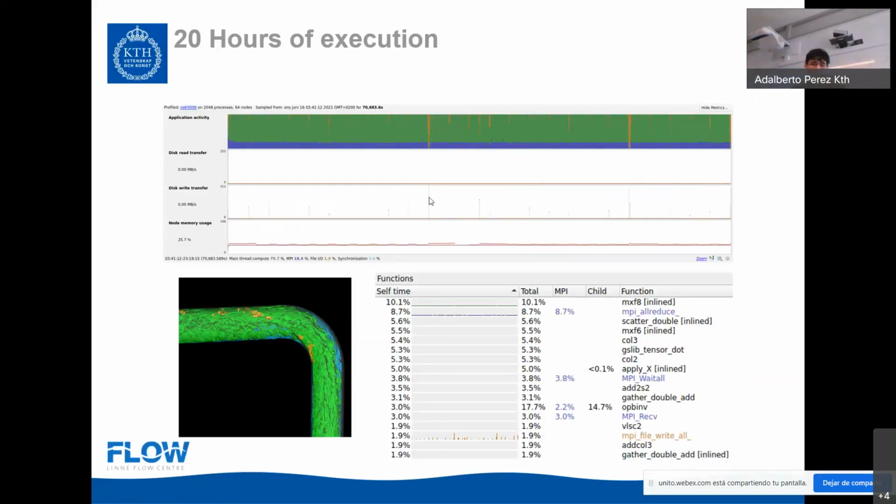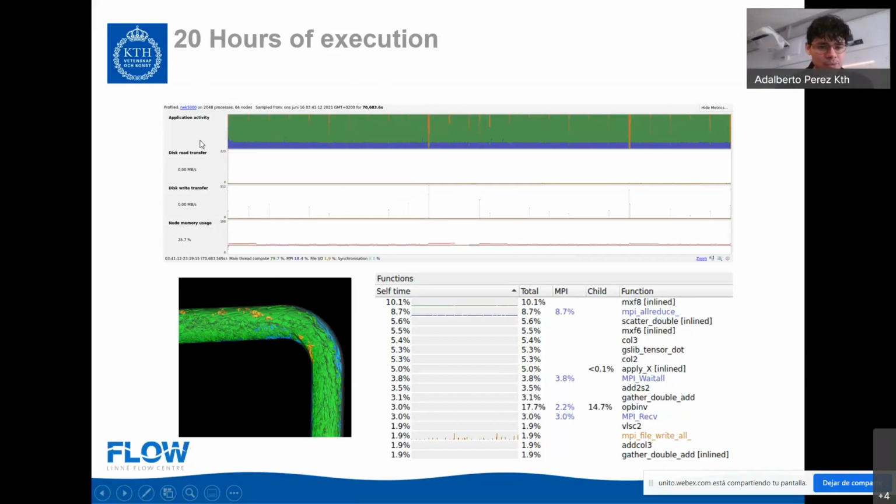Now, to get into some profiling, here we are showing some profiles that we did with a tool called Forge Map. It was a commercial software that we had in Vesco on our previous supercomputer. This is the profile of 20 hours of execution of a case that we call the turbulent bent pipe.